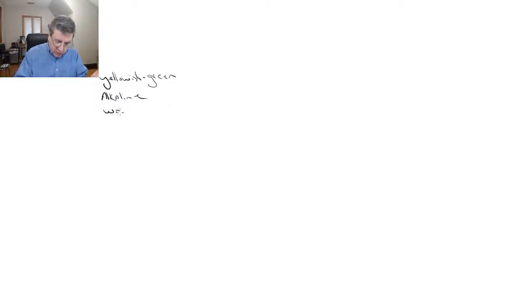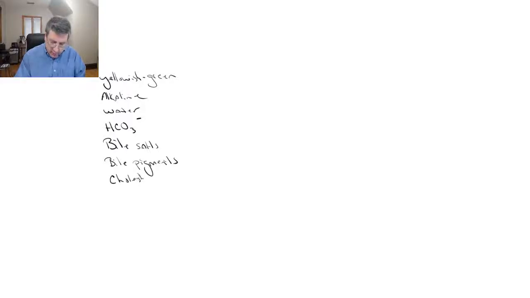It's made mostly of water, and it has bicarbonate ions associated with this. Okay, it has bile salts, bile pigments. It's made of cholesterol. There's a couple other things that I'm not going to get into.